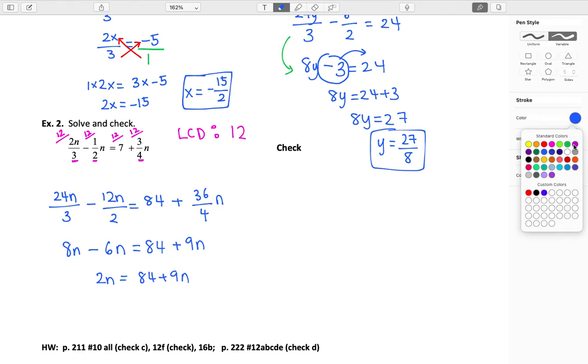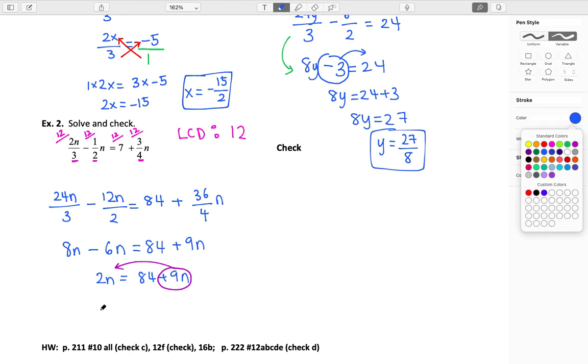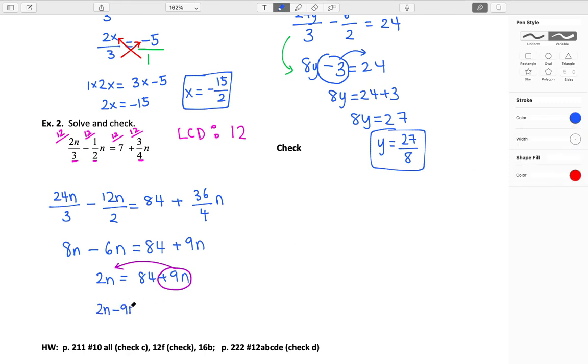And I'm going to collect like terms by bringing positive 9n to the left side. So it will become negative. So negative 7n equals 84. And divide both sides by negative 7, so n is equal to negative 12.